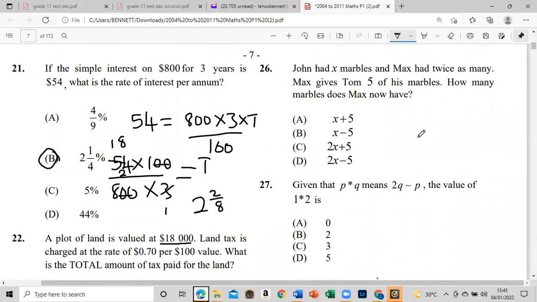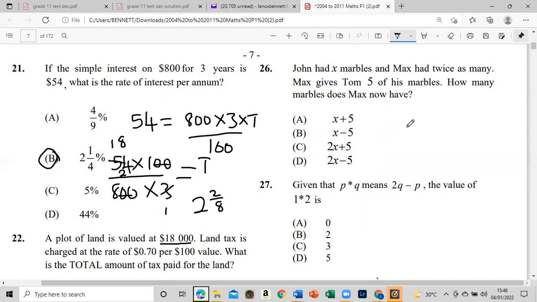John had x marbles and Max had twice as many marbles. Max gives Tom 5 of his marbles. How many marbles did Max have? I'll read that again. John had x marbles and Max had twice.